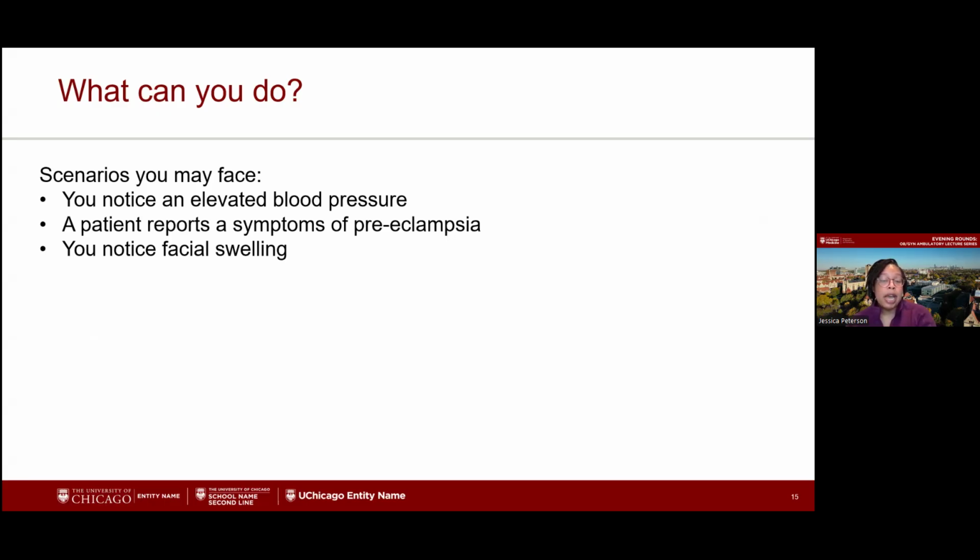If a patient reports symptoms of preeclampsia to you, you could ask your provider, do you want me to dip their urine to see if they have protein in it? Or if you notice facial swelling, you could do the same thing and ask them about other symptoms. So those are some things you can do, even without the provider asking, to help diagnose or triage people to see if they have preeclampsia or some sort of blood pressure problem in pregnancy.